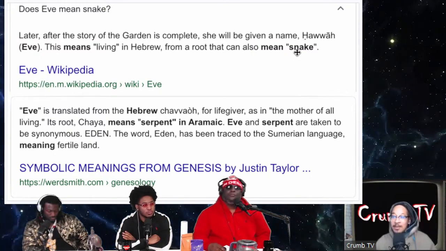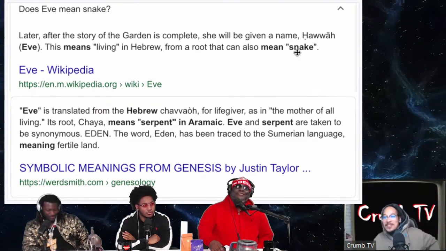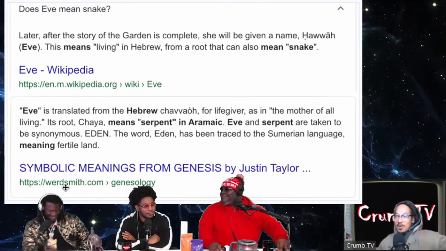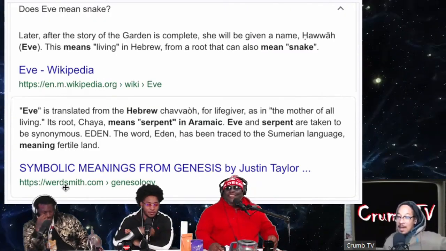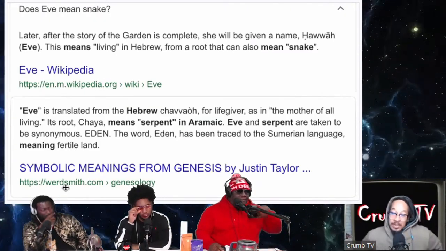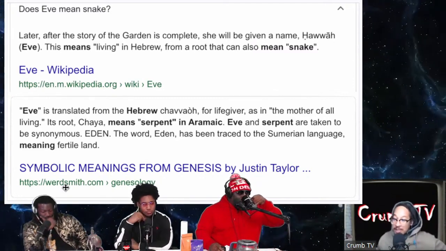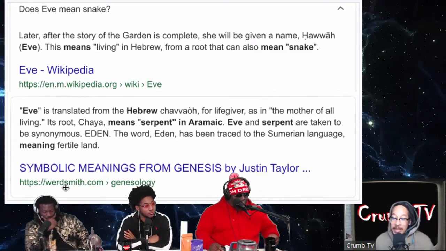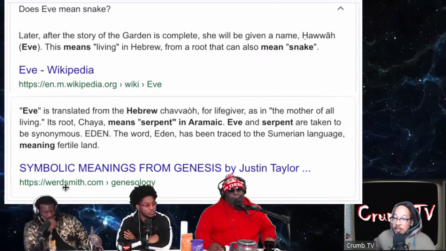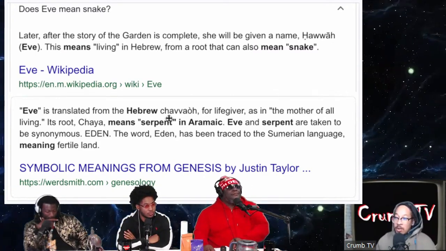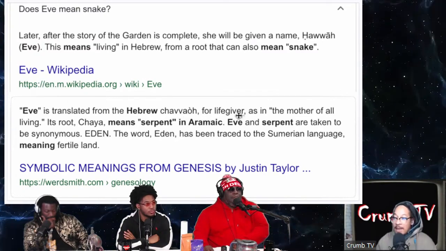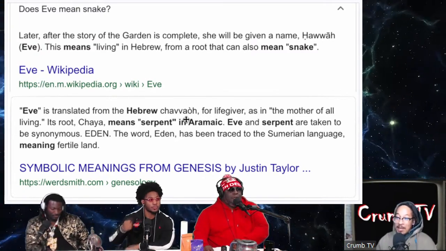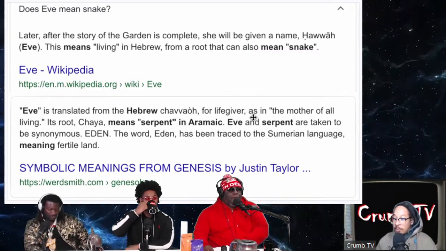Also, according to wordsmith.com, in an article titled Symbolic Meanings from Genesis by Justin Taylor, it reads, Eve is translated from the Hebrew Havah for life giver. My Hebrew is horrible, bear with me.